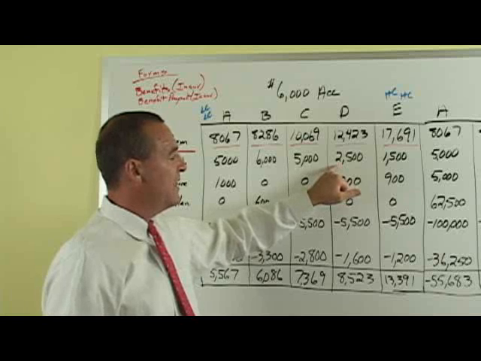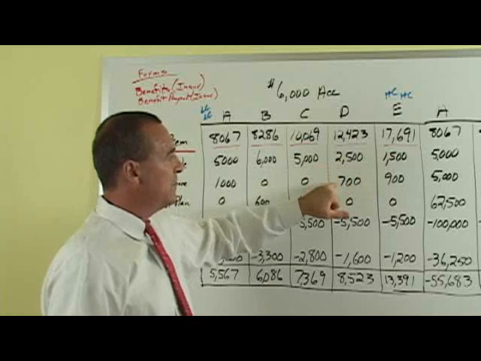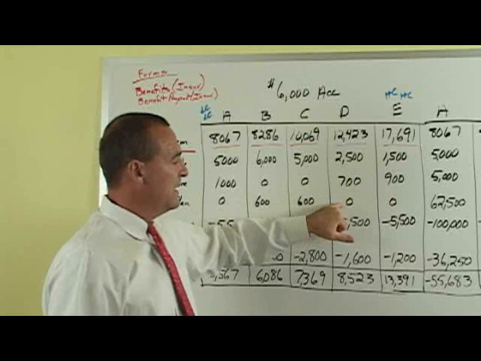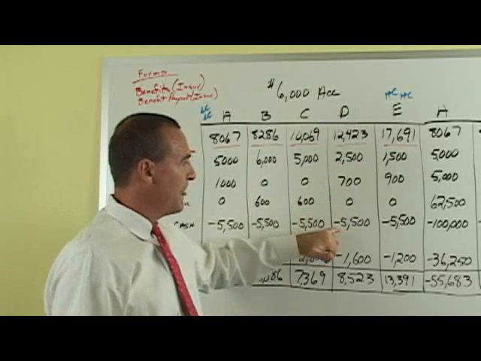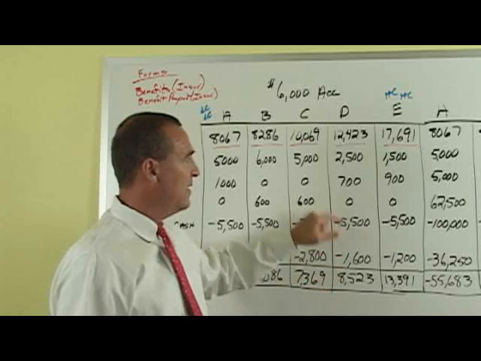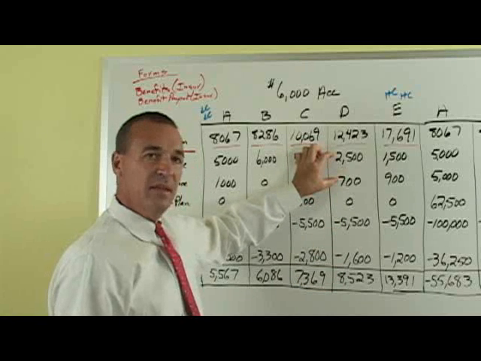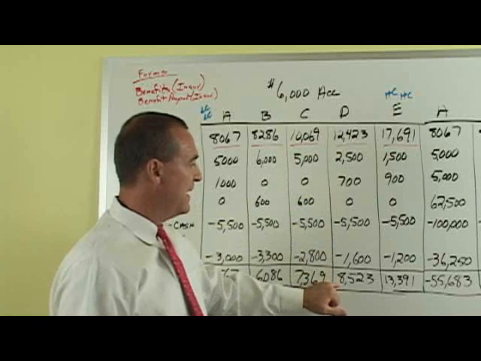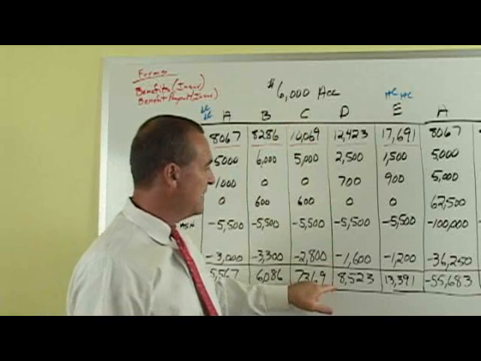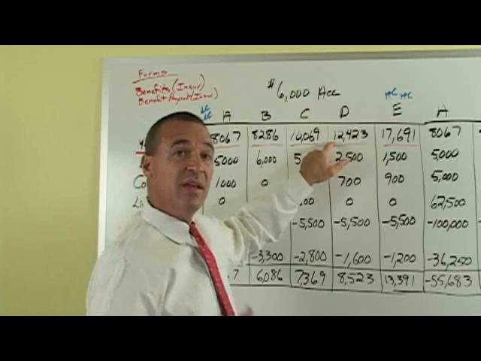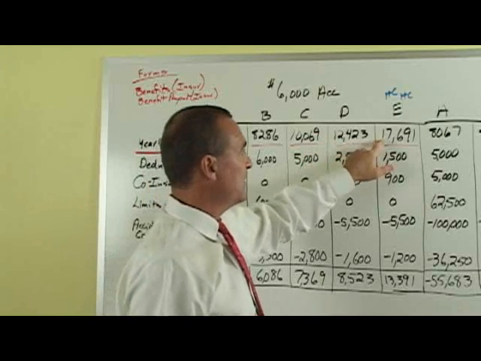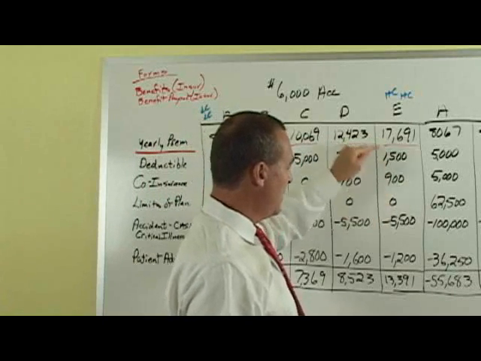So I've got a $2,500 deductible, $700 co-insurance, nothing on the limit of the plan because they're going to pay what the negotiated rate is. I get my accident cash back, and they're going to help me get back half of what I'm responsible for. So my out of pocket that year, even though I had a $6,000 accident, was $8,500, but my cost was $12,400 if nothing happened. Next one, 17, we're going to run through all the numbers.